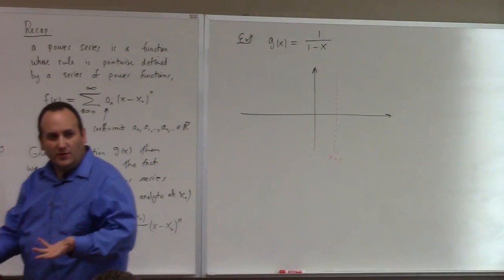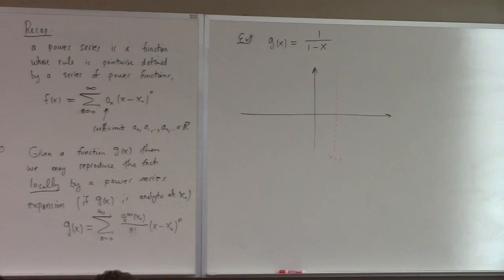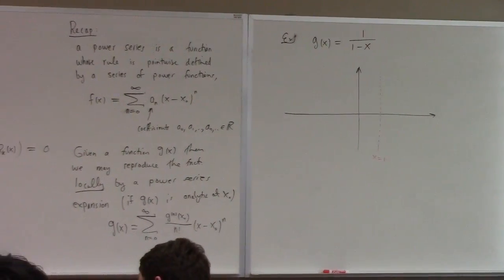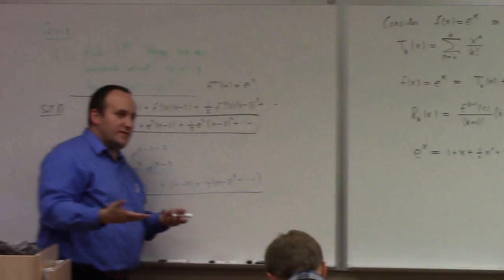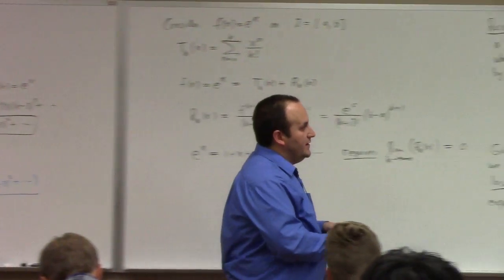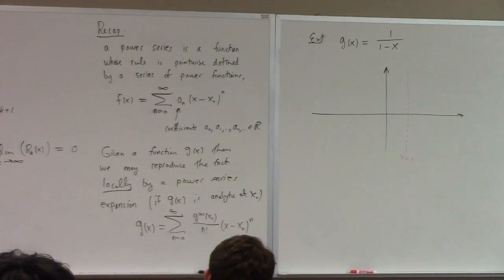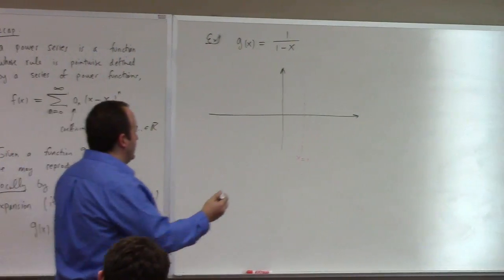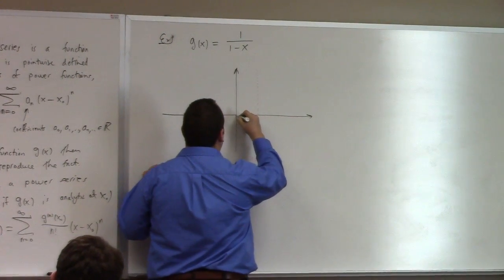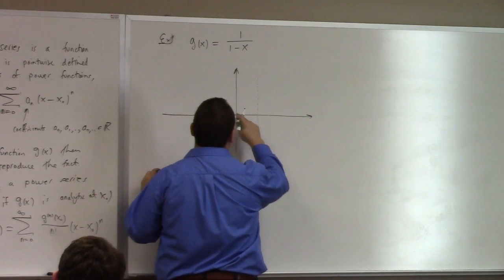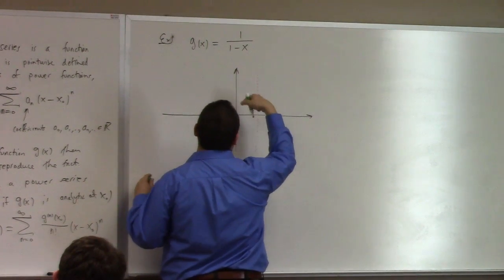So what I mean locally is I mean g of x, this function I'm giving you, that's defined for all x except for 1, right? Where would the Maclaurin series, when we say Maclaurin series, we're talking about a series centered at 0, right? And so we can find the Maclaurin series for this, right? So, I don't know what, this is actually 1 at 0, isn't it?